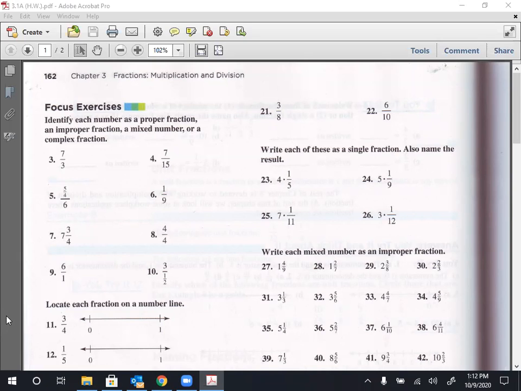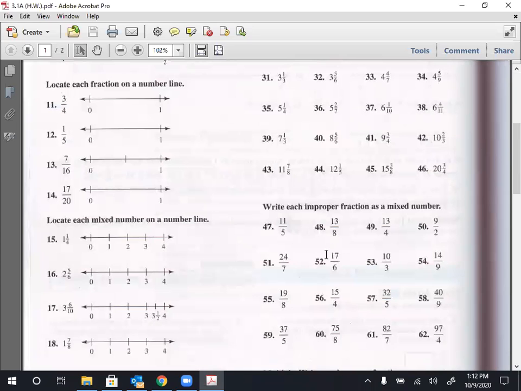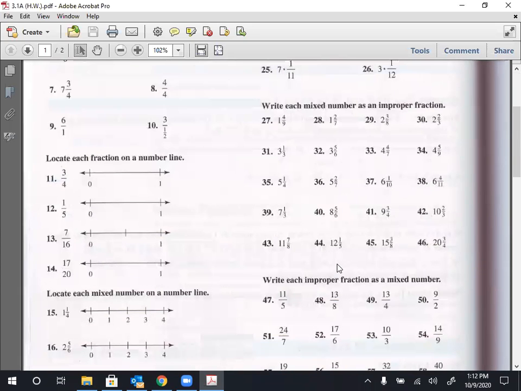All right. Now in 27, can you scroll down? Okay, in 27 to 46, this is an extension of what you were doing in the last problem set.